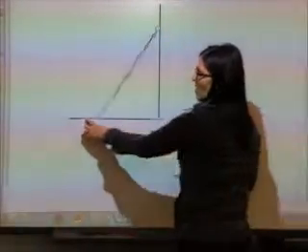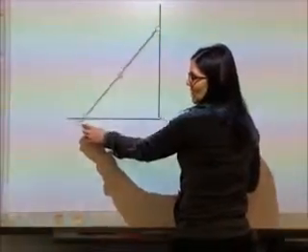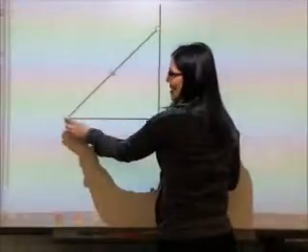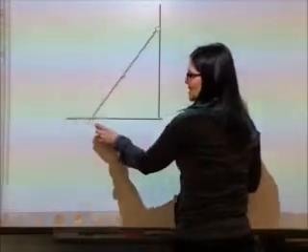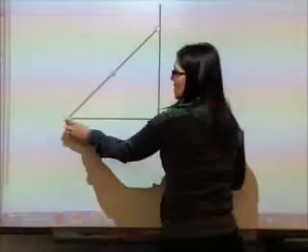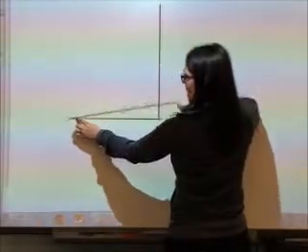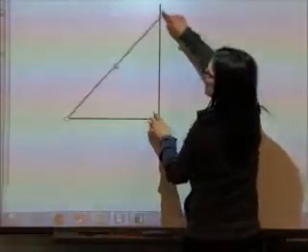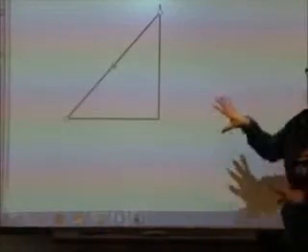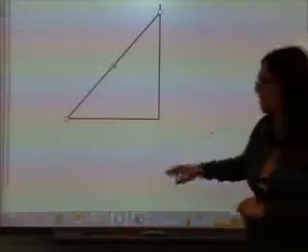So this is a greater angle than this angle. Look what's happening to my line. My line is getting shorter. So as this angle here increases, my adjacent side becomes shorter. As this angle increases, my opposite side becomes longer. Do you see that? Does that help with the visual? Okay.